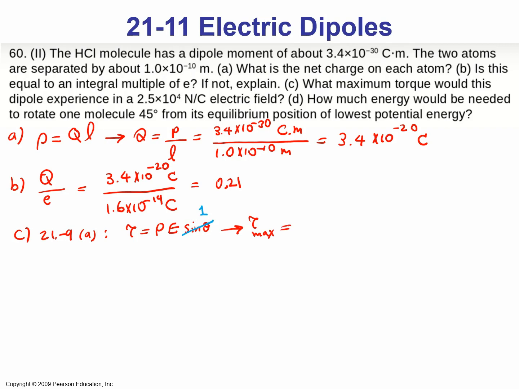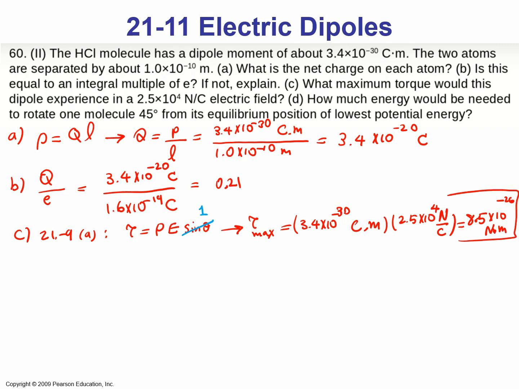So we have the dipole moment of 3.4 times 10 to the power minus 30 Coulomb times meter multiplied by the electric field, which is 2.5 times 10 to the power 4 Newton per Coulomb, and that gives us 8.5 times 10 to the power minus 26 Newton times meter. And this is the maximum torque that the dipole moment can experience.